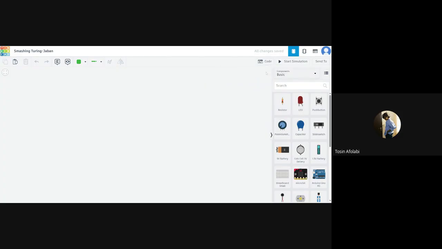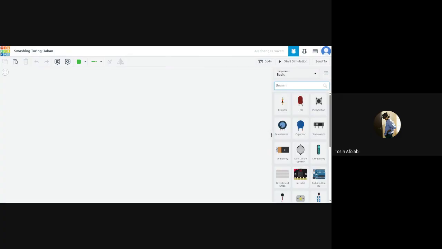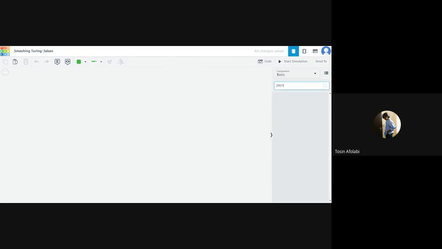Okay, first things first, we need a stepper motor. Let's search stepper. I'm not even sure if it's here. Oh, so it's like we don't have a stepper motor here. It's the GYJ.